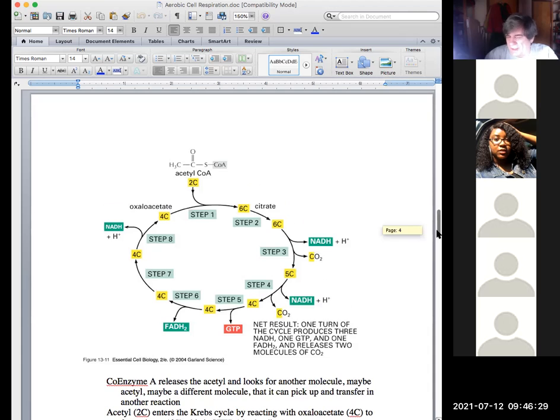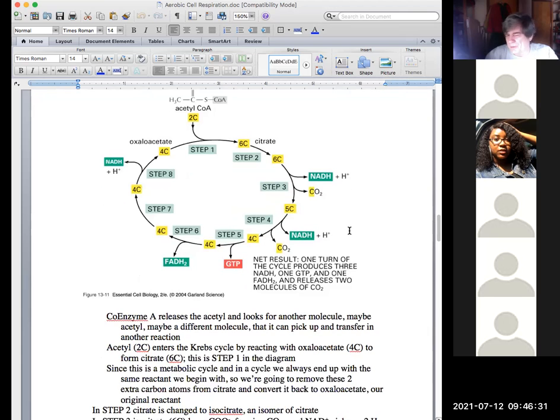That NAD plus comes in and picks up to become NADH. And that leaves us with something called succinyl. And succinyl changes to succinate.